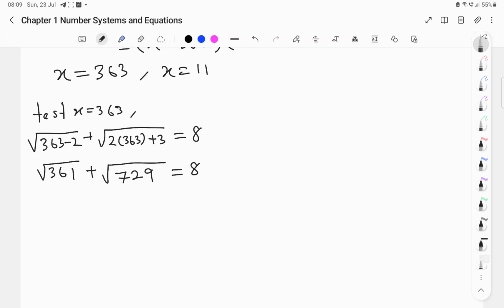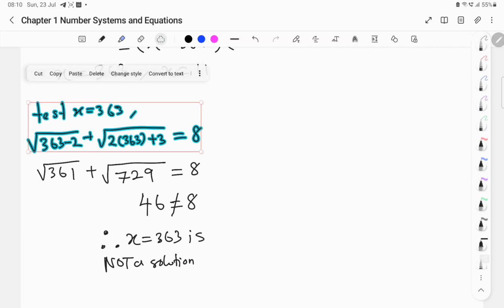I don't have a calculator here at my home, so I'm going to use Google to find the square roots. So square root of 361 plus square root of 729 is 46. Oh, 46 lah. Okay, 46 equals 8. Is it true or not? Not true. Since it is not true, therefore x equals 363 is not a solution.